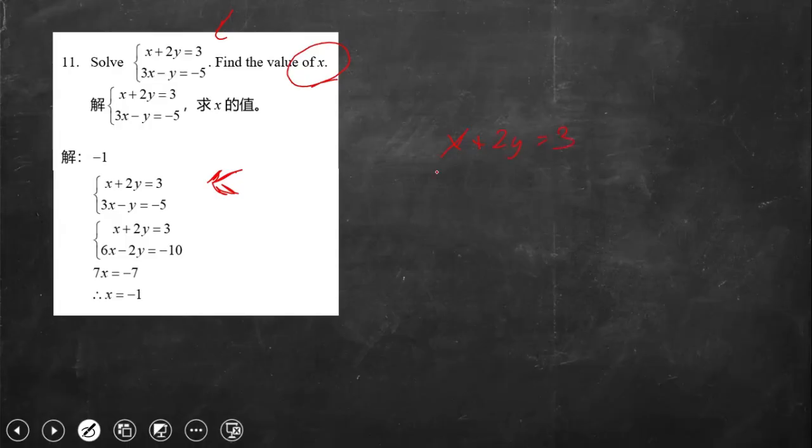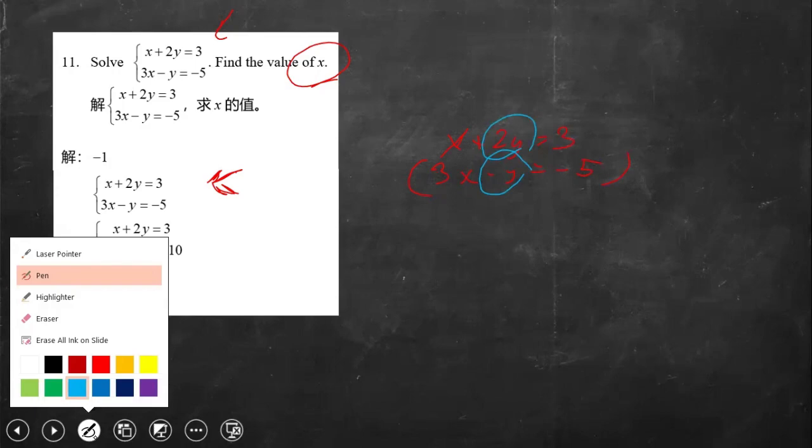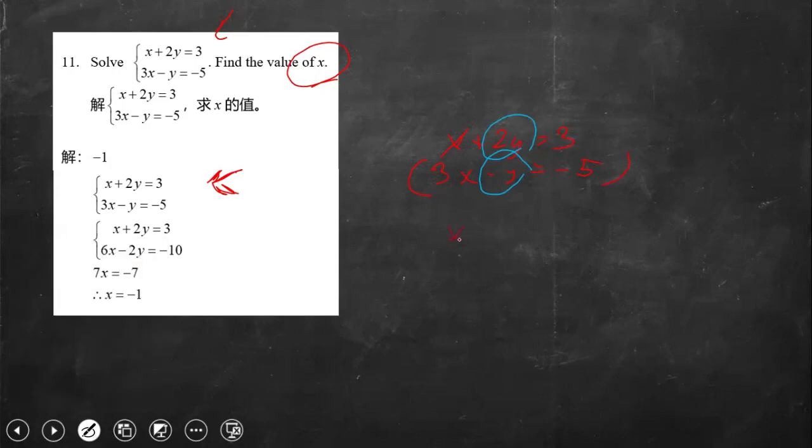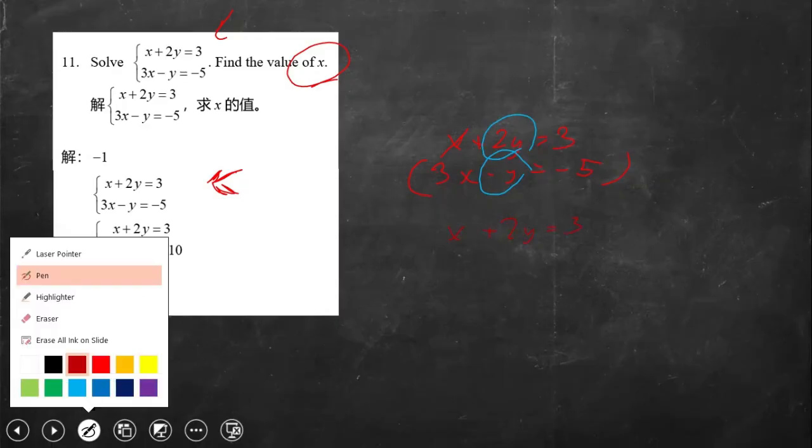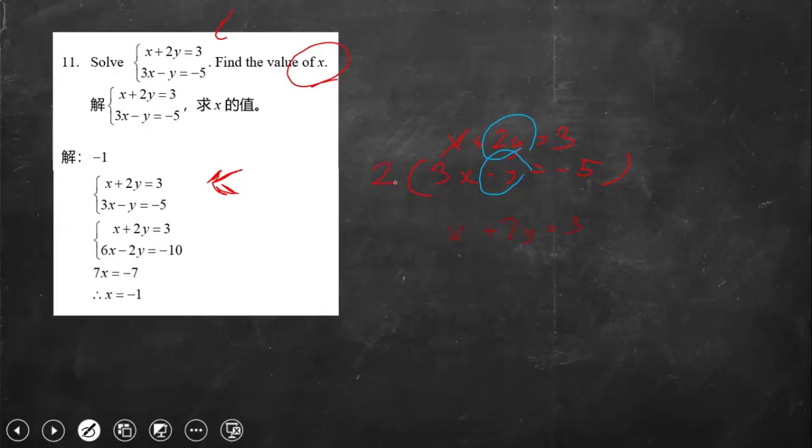Oh, no. And 3x minus y is equal to negative 5. Say I want to eliminate y. I'm gonna make their coefficients the same so that when I subtract the equations, I'll show you. I'm gonna multiply 2 here.